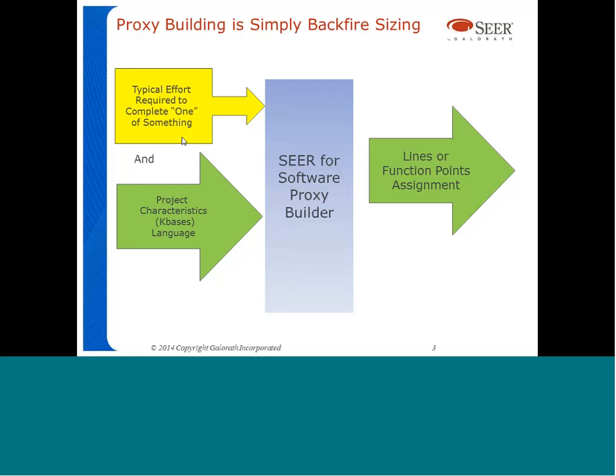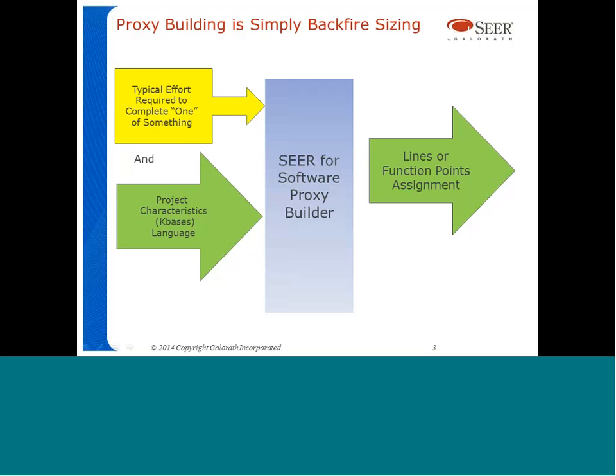So you provide those two inputs to the proxy builder generator, and basically what the tool is going to do is it's going to calculate the amount of lines of code or function points that are associated with the functionality you are describing. Now, if all you're interested in is doing effort-driven estimation, then you don't need to understand, or not even look at the number of lines of code or function points.